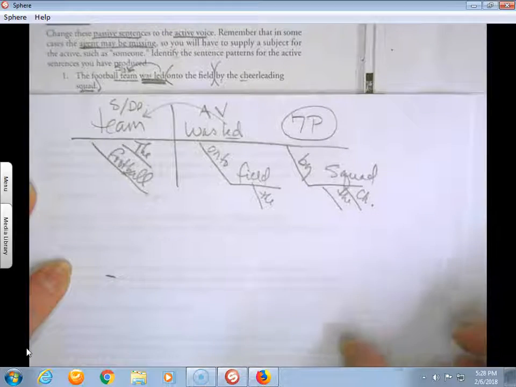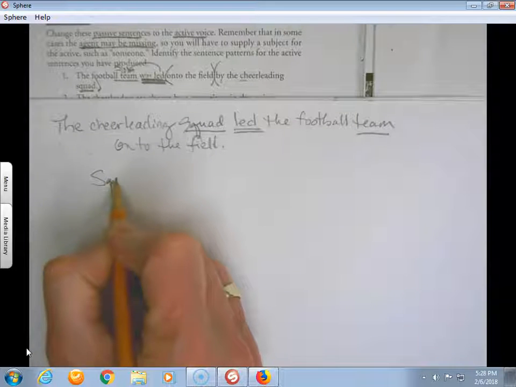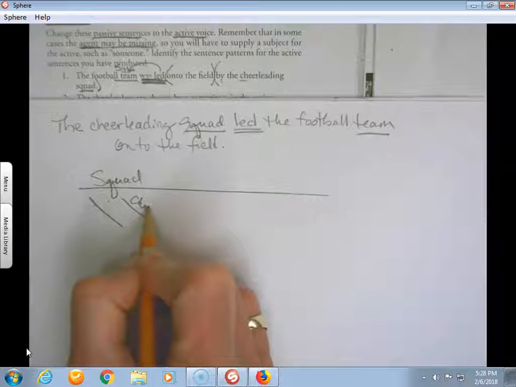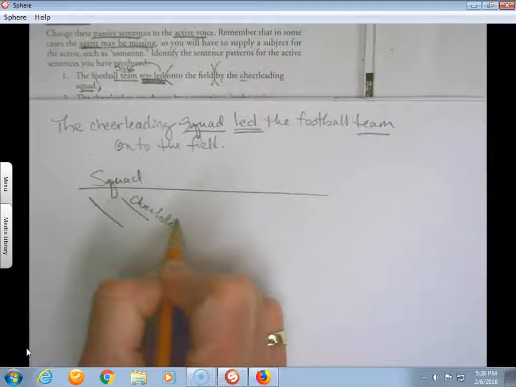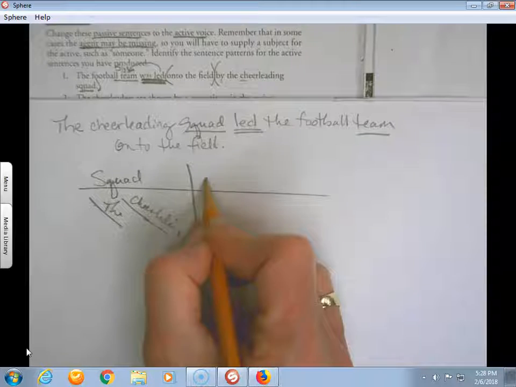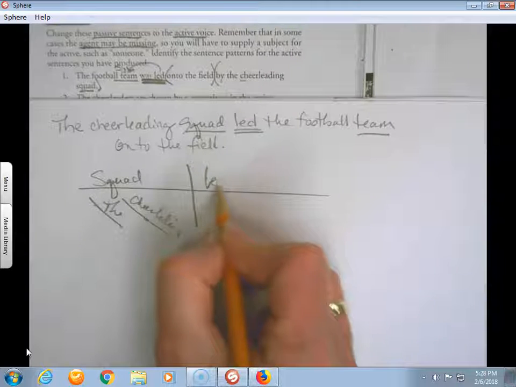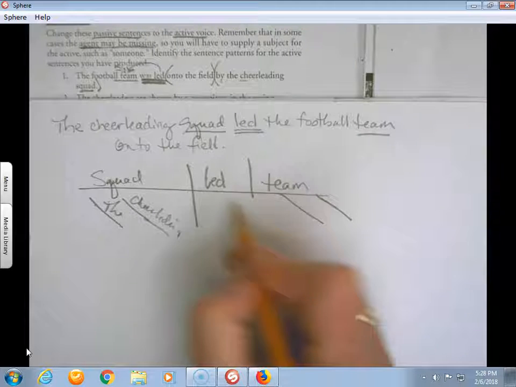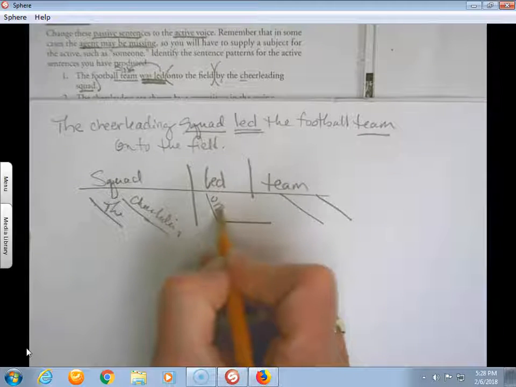But then when we corrected it, our new sentence here, let's diagram that one. Squad, the cheerleading squad, led, team, the football team, onto field. Led them where?